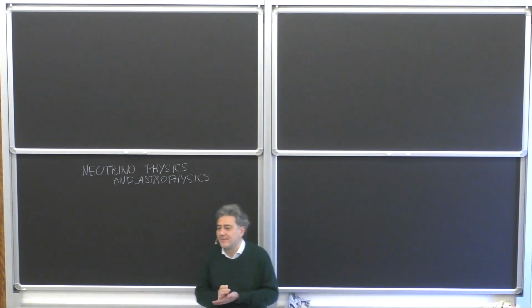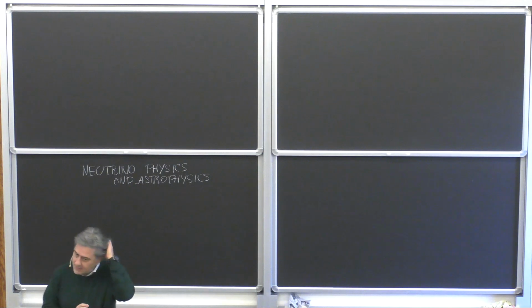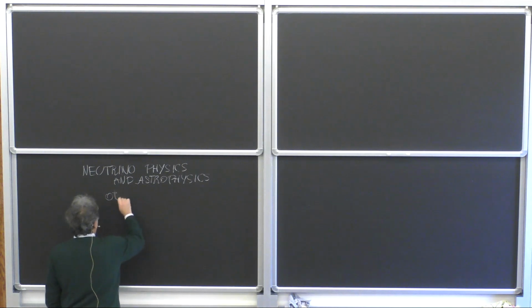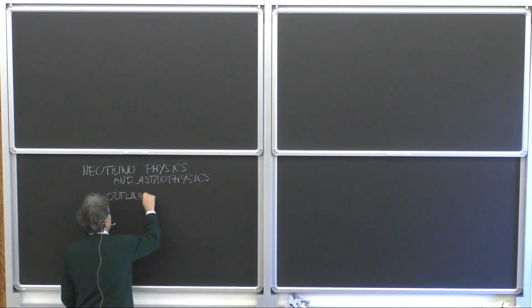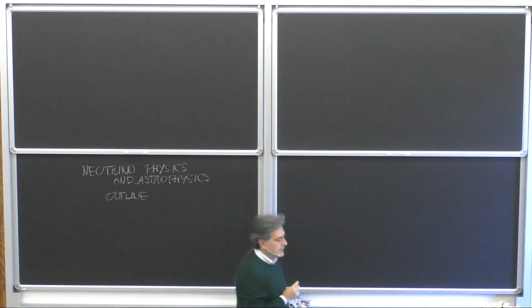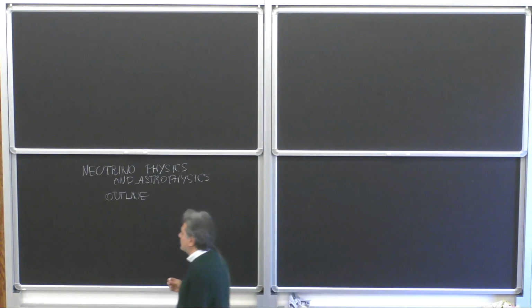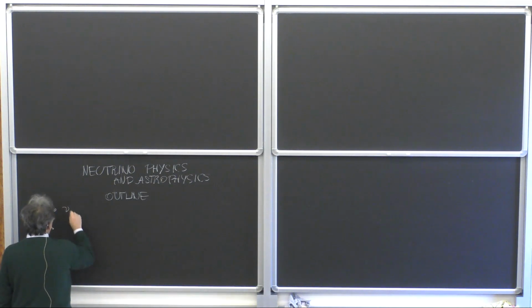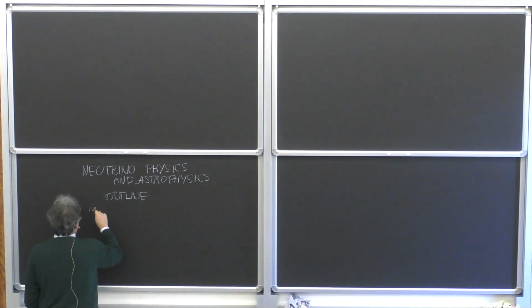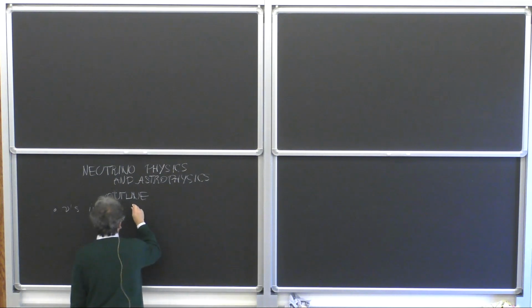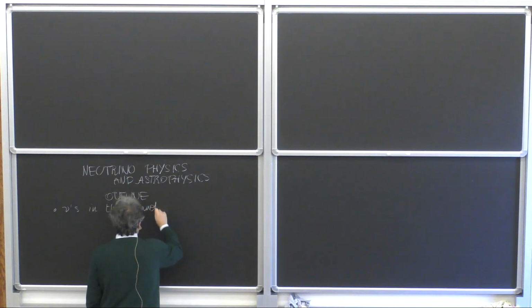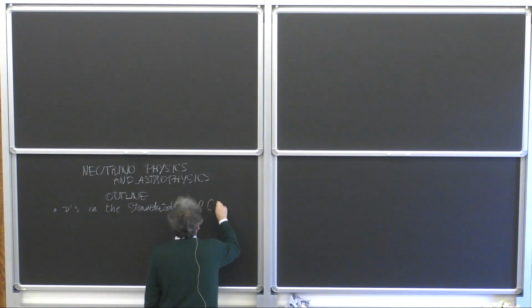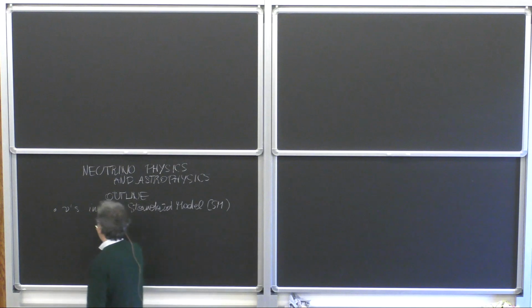So, this is the title of these lectures, and a brief outline of what we will discuss. I will start from an introduction about neutrinos in the Standard Model, and beyond.